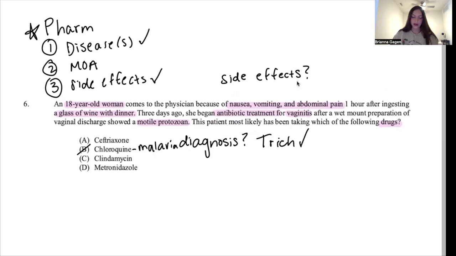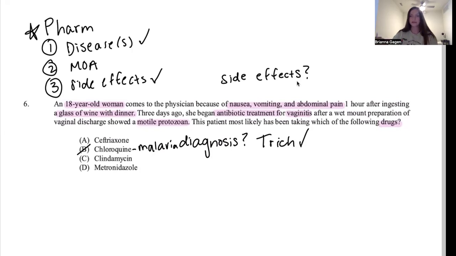Now we are down to ceftriaxone, clindamycin, and metronidazole. So I know that metronidazole is the treatment for trich, but if you didn't know that, you could look at the side effects here: nausea, vomiting, abdominal pain.